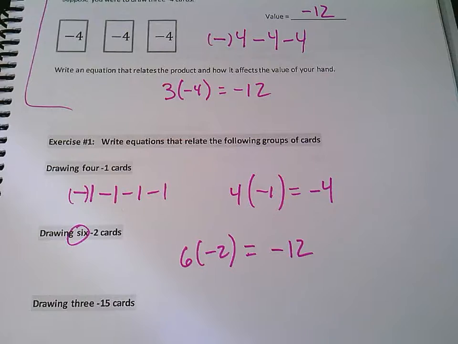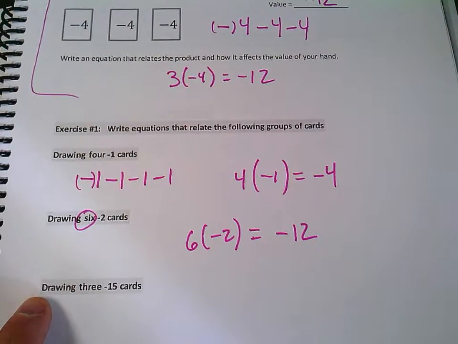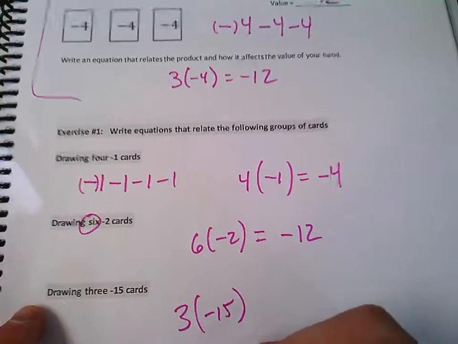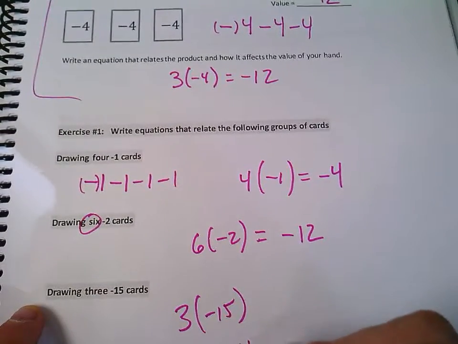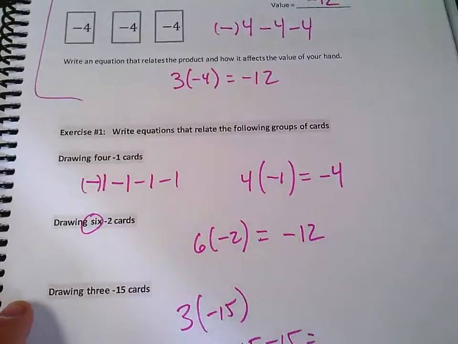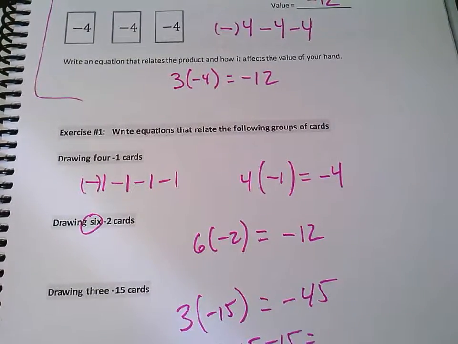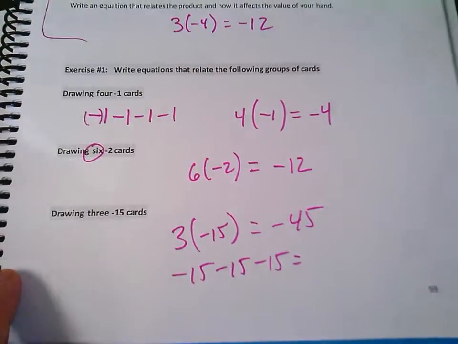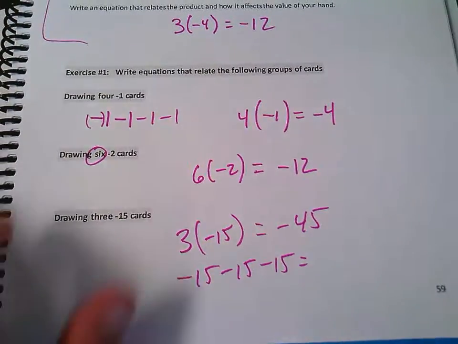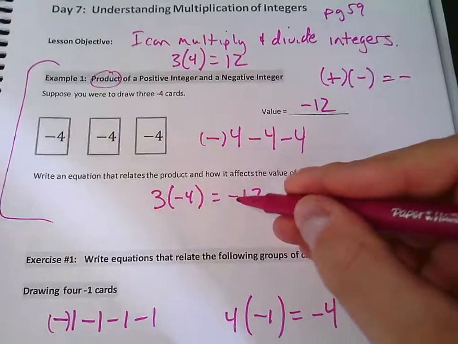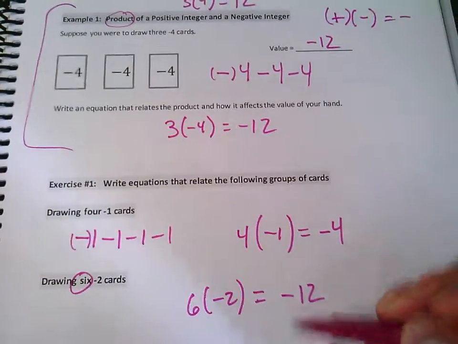And drawing 3 -15 cards. 3 -15s. If I have a -15 minus 15 minus 15, it will equal -45. Oops, move this up a little bit so you can see. All right, so looking back up here, a positive times a negative is equal to a negative. We got negatives on all of these that we did.